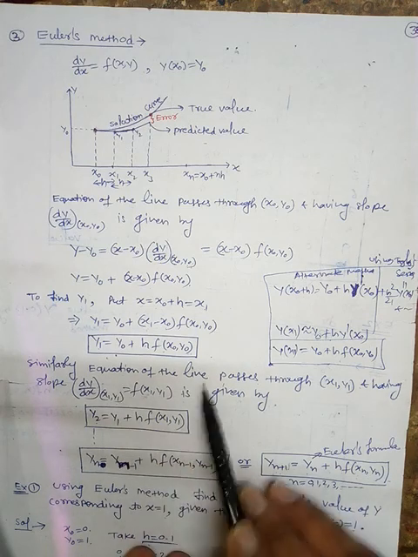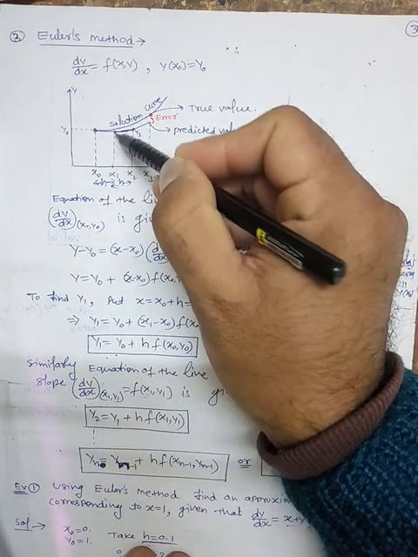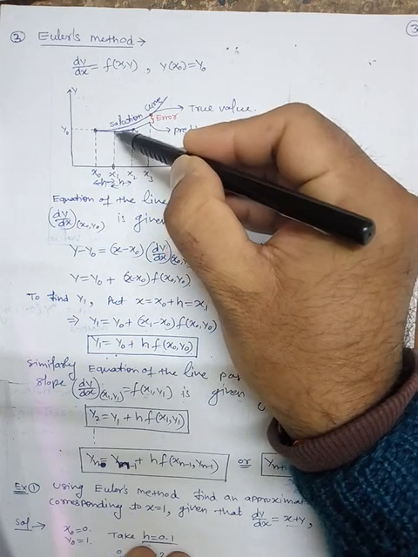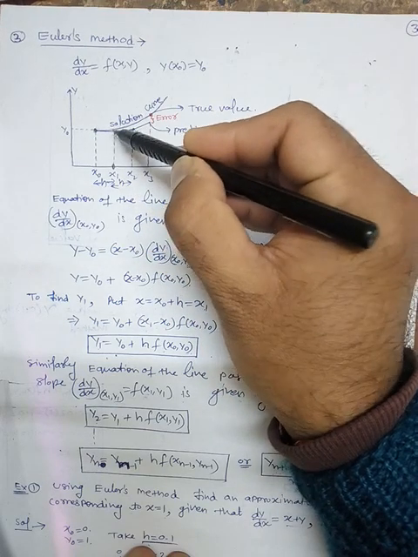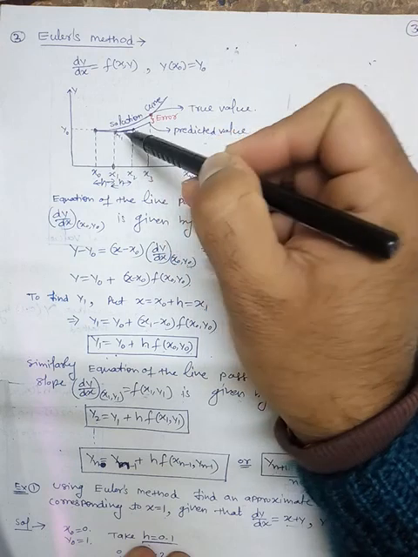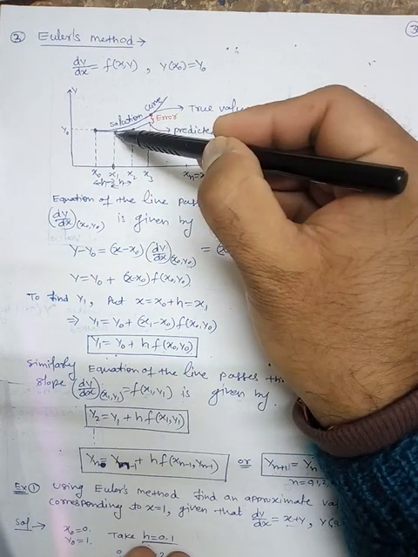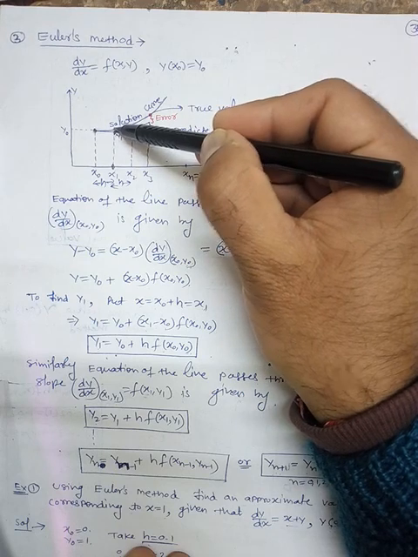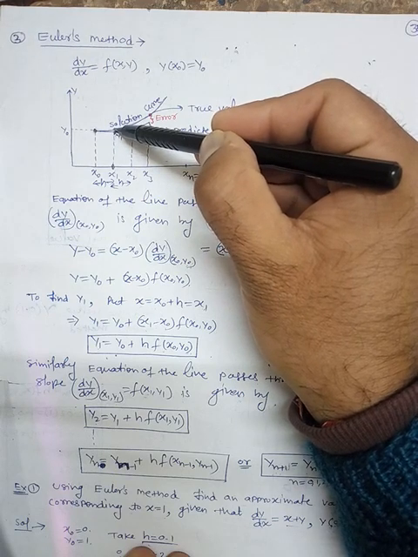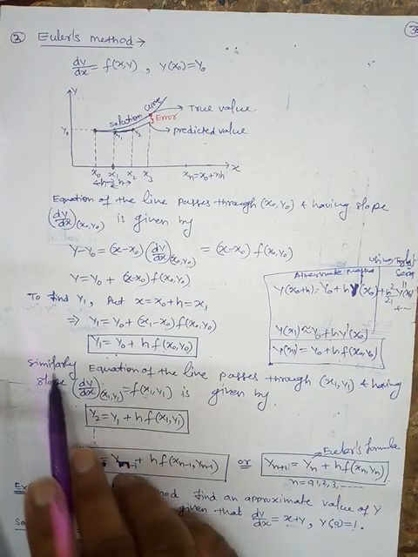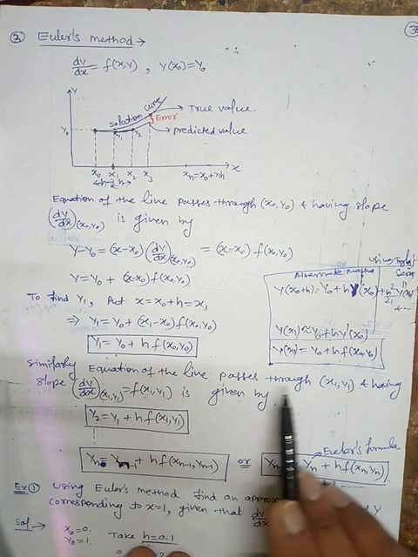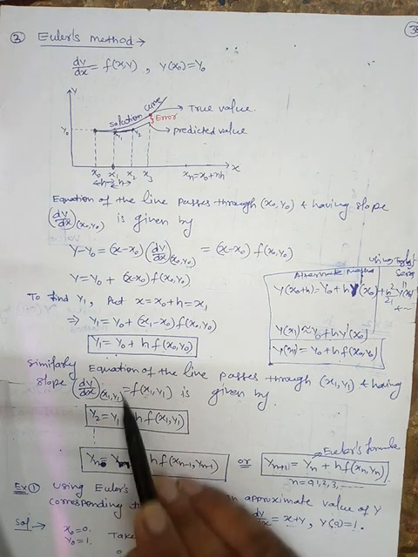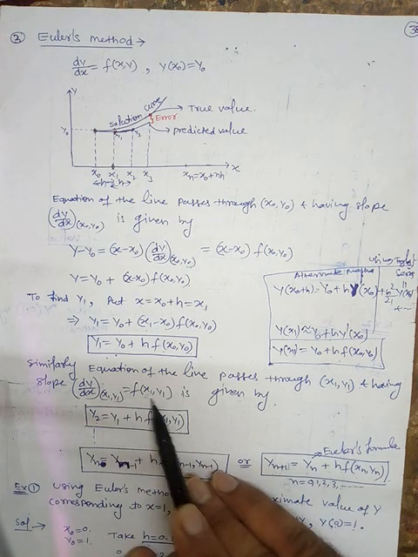Similarly, now we have y1 and x1, so this point is already with us. Now apply the same strategy: find the equation of the line which passes through x1, y1 and has the slope of the function f at the point x1, y1, which is nothing but f of x1, y1.